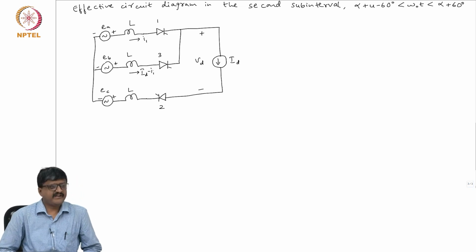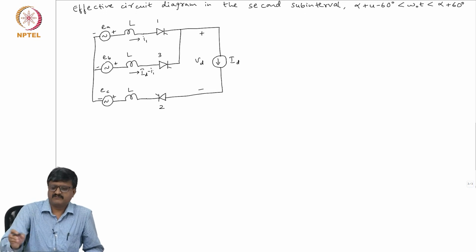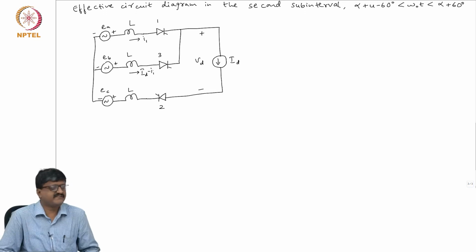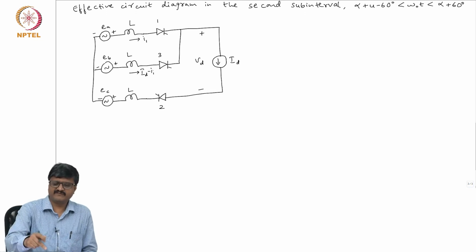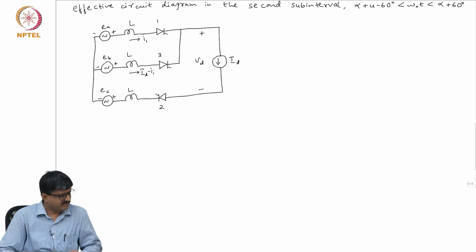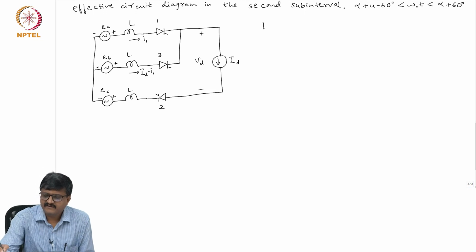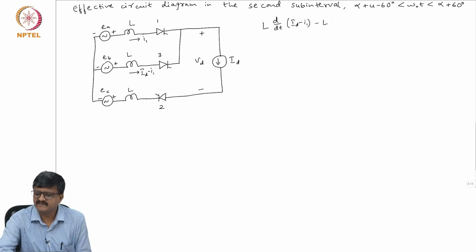So, I am again employing Kirchhoff's voltage law, or in other words mesh analysis, to solve for the unknown current I1. One of the currents is already known. So, there are 2 loops, one loop current ID is known, the other current is I1. So, let us solve for I1 by employing Kirchhoff's voltage law. If I apply Kirchhoff's voltage law to this loop, I get L d by dt of (ID minus I1) minus L dI1 by dt is equal to EB minus EA.